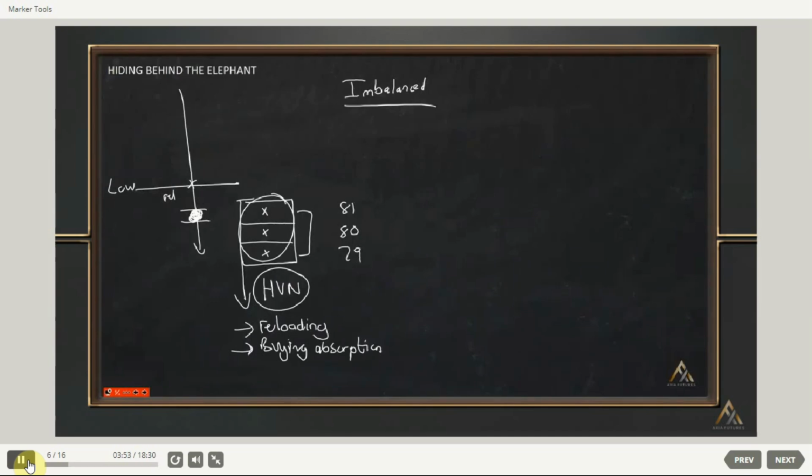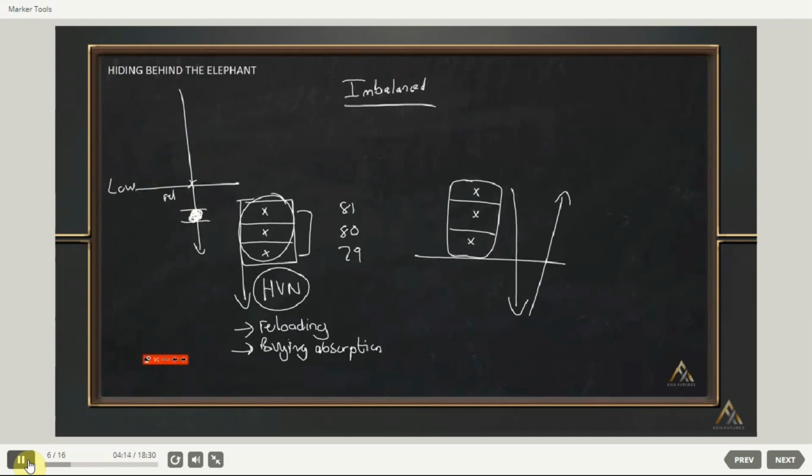In other words, let's draw it again. So we get our elephant. The market then extends through him. Now, what happens after that extension is extremely important in observing and identifying this trade strategy. Okay, because what you need to see is you need to see that elephant step straight back in and initiate in the opposite direction.